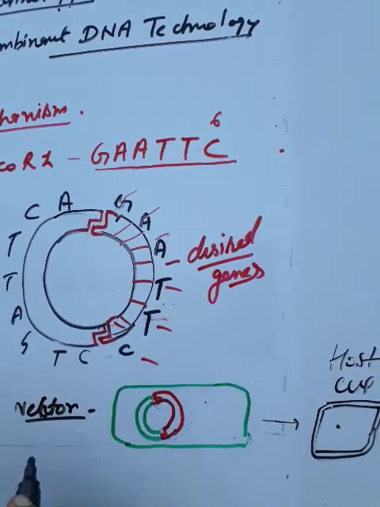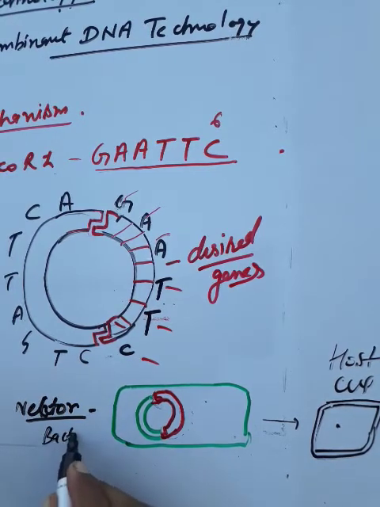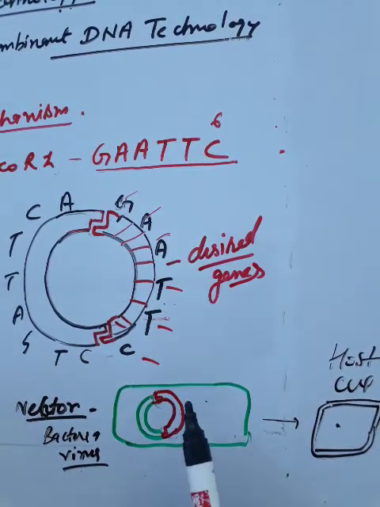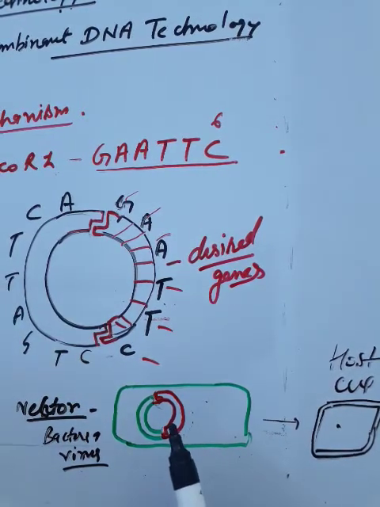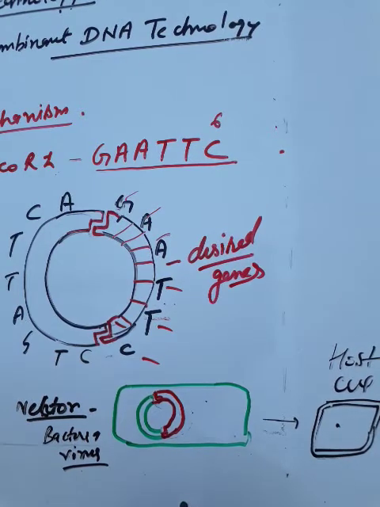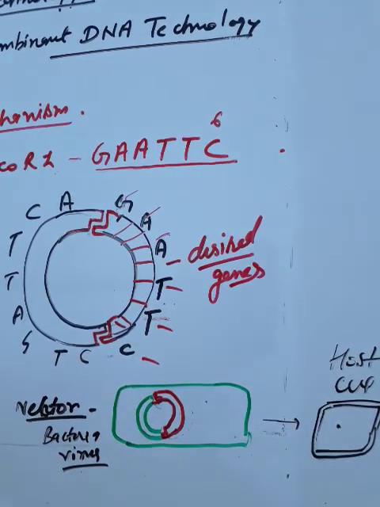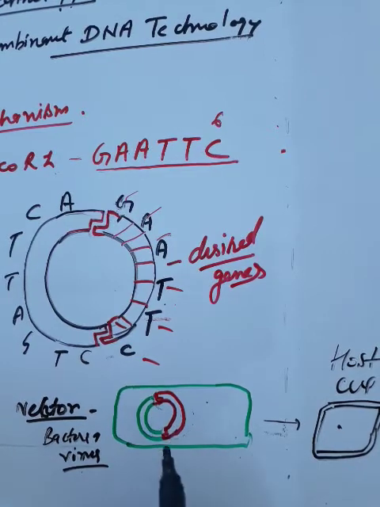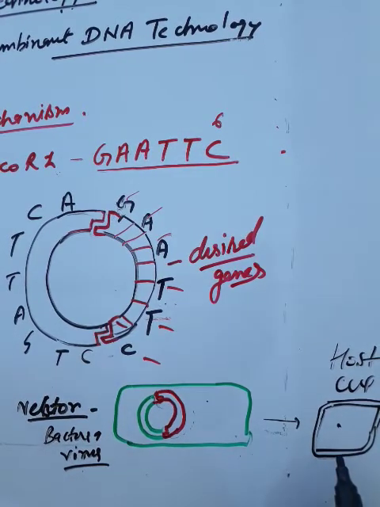We can take the vector in the form of bacteria or virus. This is a technology where, with the help of microorganisms, bacteria or virus, used as a vector, we transmit the desired DNA into host cells.